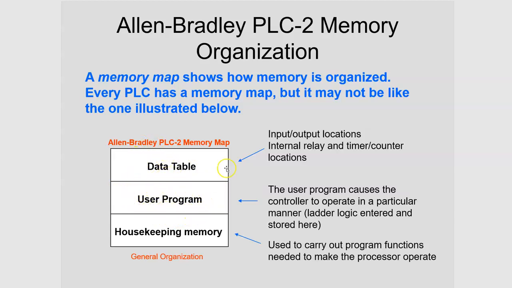And then the data tables, well, we've already talked about two main data tables, the input image table and the output image table, but you'll also learn about some other data tables. So any data table, any storage of the binary zeros and ones that represent the state of a switch, a contact, coil, or any other kind of data from the outside world will be stored here in the data table section.